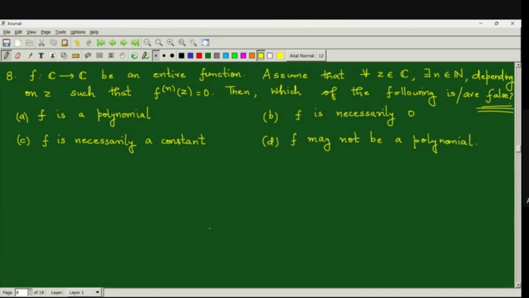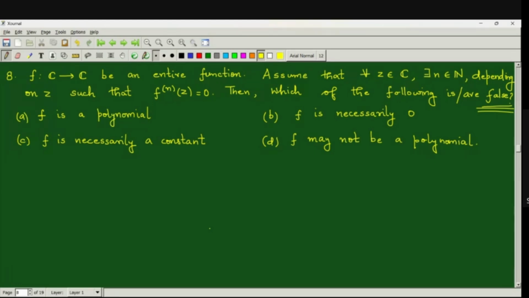BCD. Yes, BCD is false. So, have you proved that it is a polynomial?